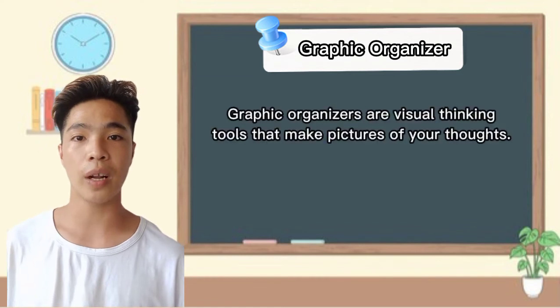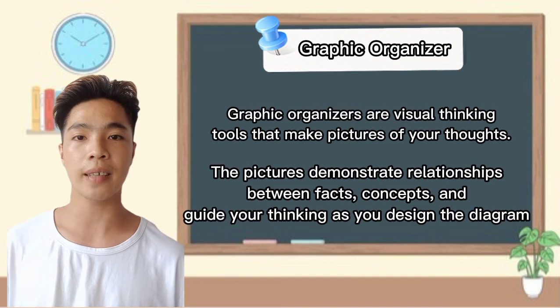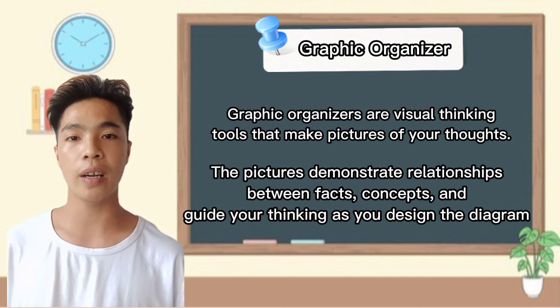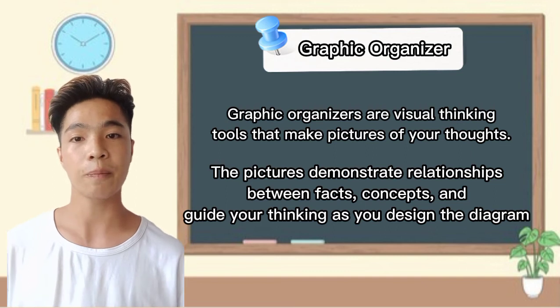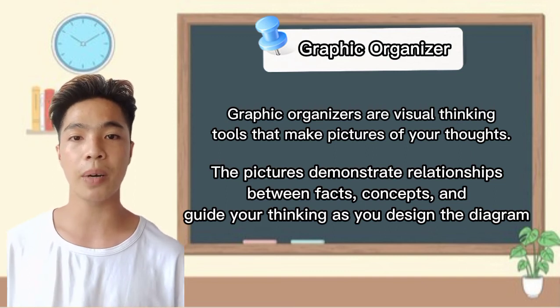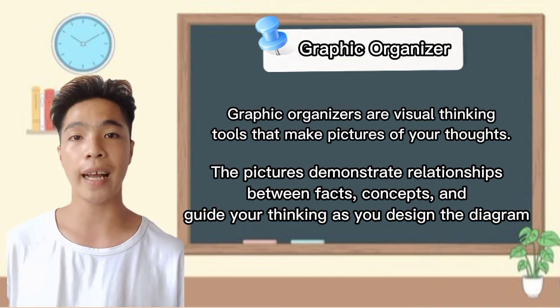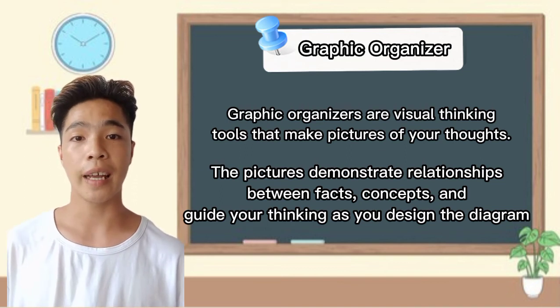And the last one is the graphic organizer. It is a visual thinking tool that makes pictures of your thoughts. The picture demonstrates the relationship between facts, concepts, or ideas and guides your thinking as you design the map or a diagram. People who have learning disabilities are often visual learners and thinkers. That means they understand and remember information better when ideas, words, and concepts are associated with pictures, diagrams, charts, and maps.